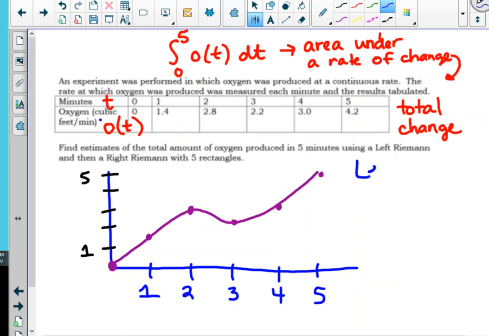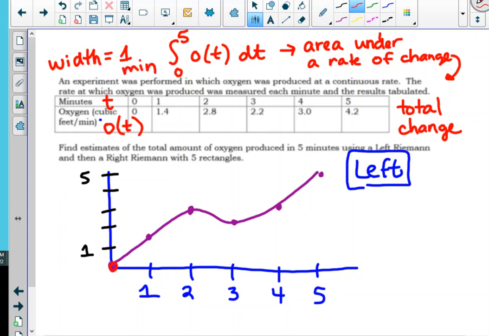When we do a left Riemann, in this case, we're going to do our Riemann rectangles with a width of 1 minute. My first rectangle is going to go from 0 to 1.